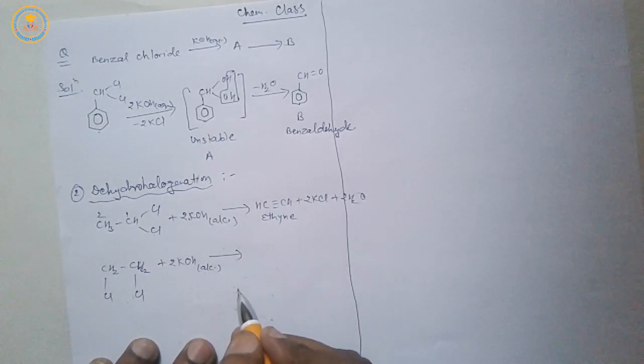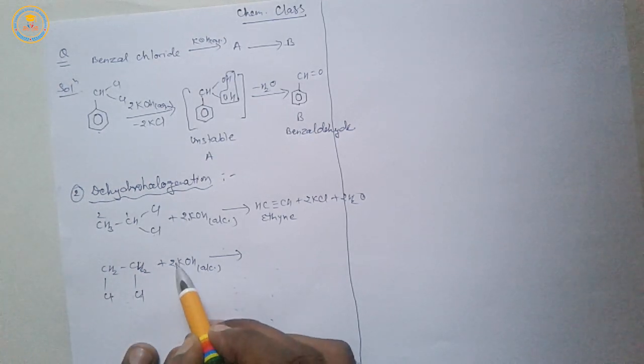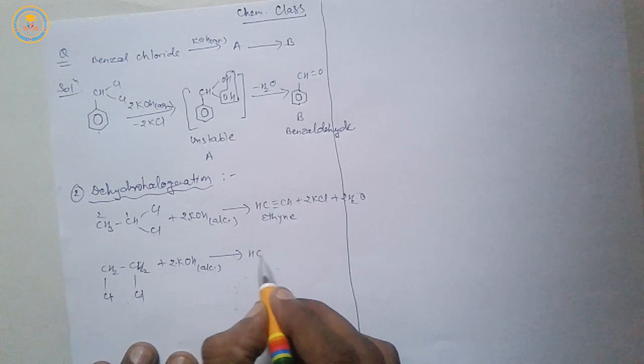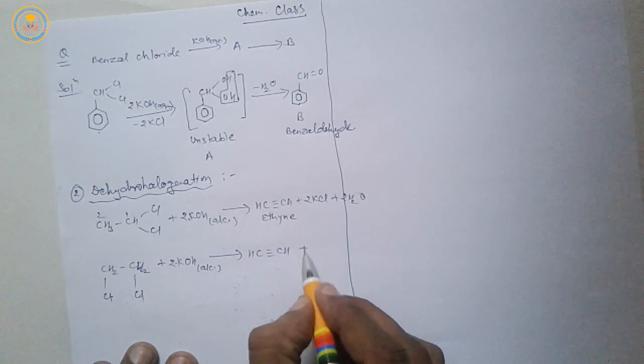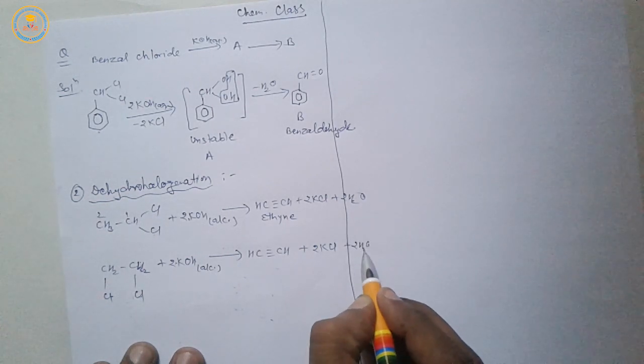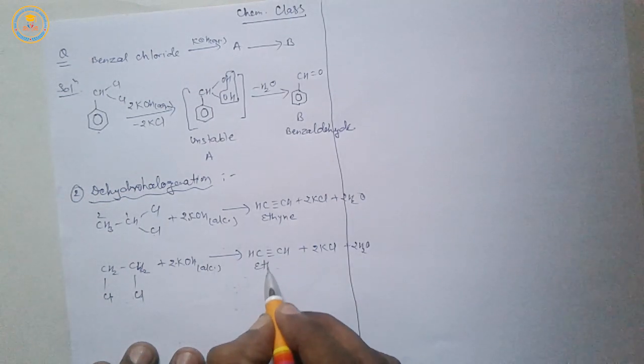Similarly, after removing two potassium chloride and two water molecules, alkyne is formed. Here the alkyne is ethyne.